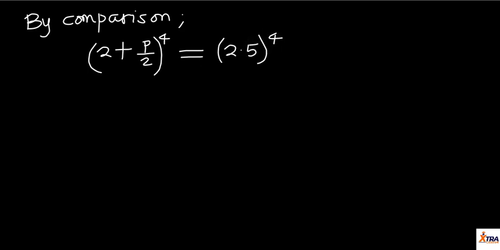And we know by comparison, we can actually equate their powers. Equating their powers, we have 2 plus p over 2 equals to 2.5.